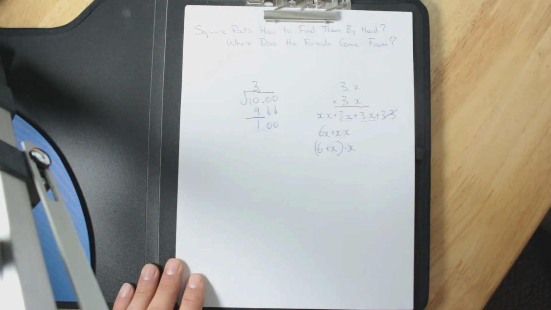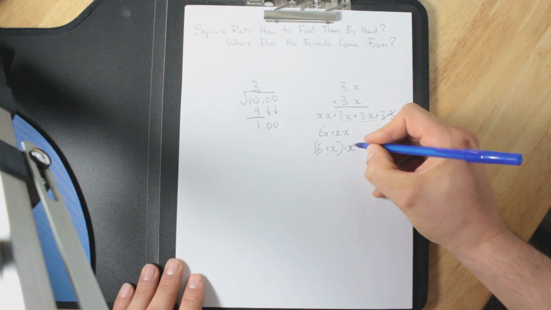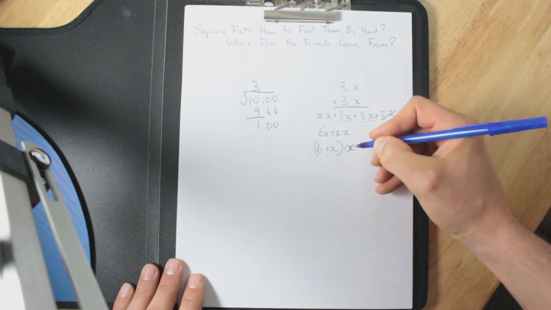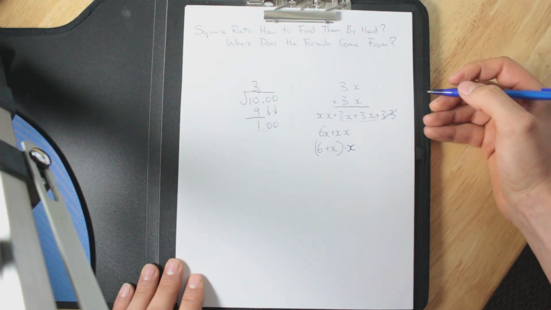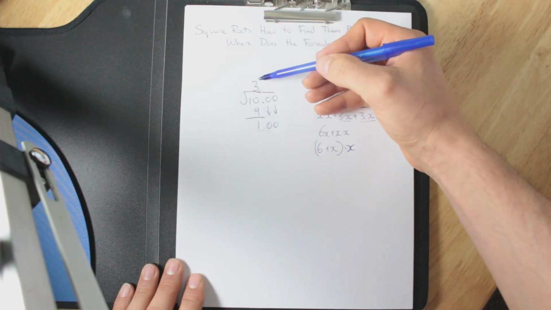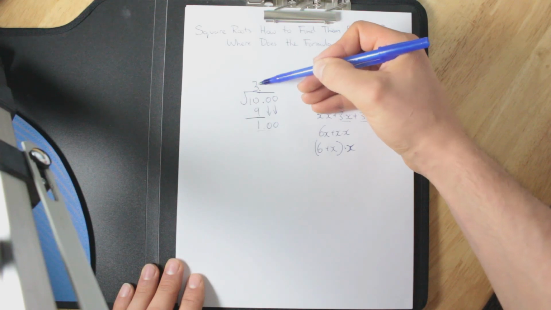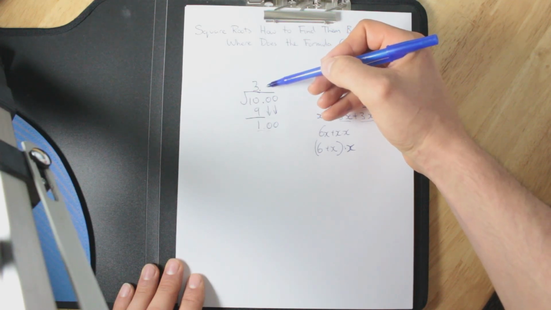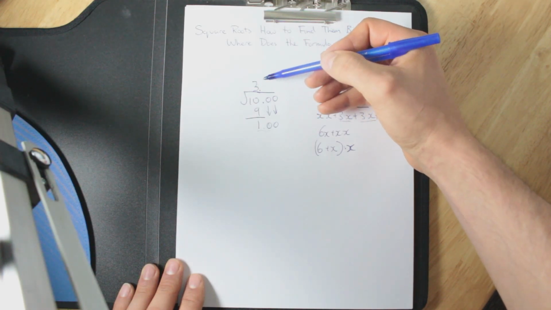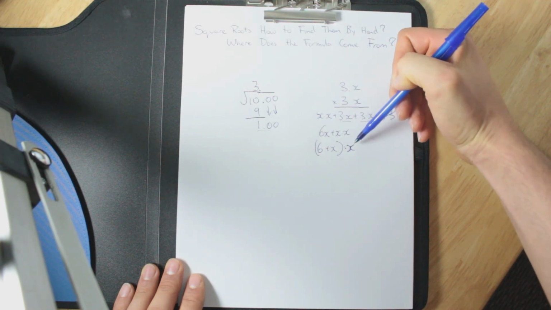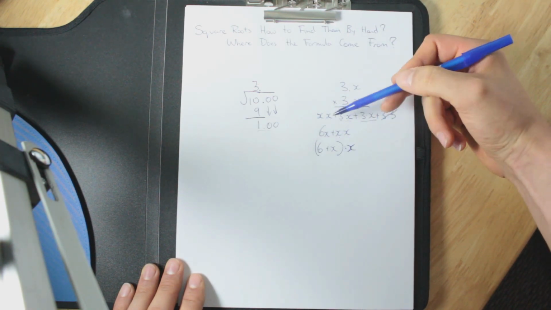Now, if any of you have tried to derive or have tried to do a square root by hand, you'll know that this is actually the basics of the formula that they use to find the square root. They tell you to double the number you have, add the decimal or the next digit, and then multiply it times that digit. So here we have just figured that out. We just derived it.